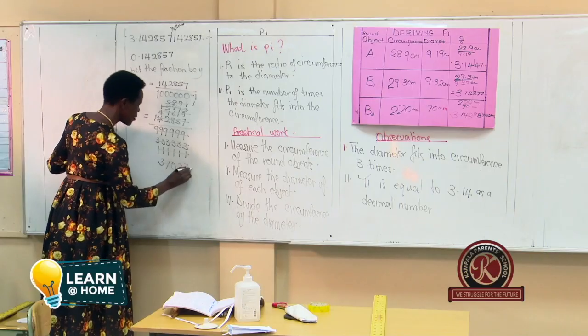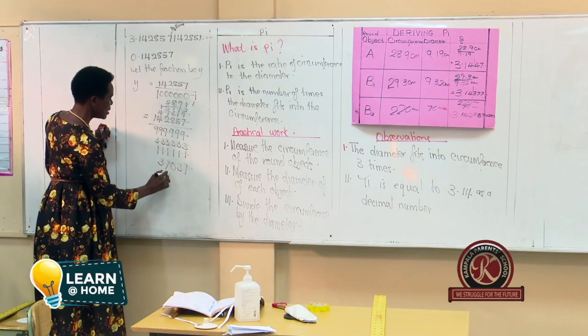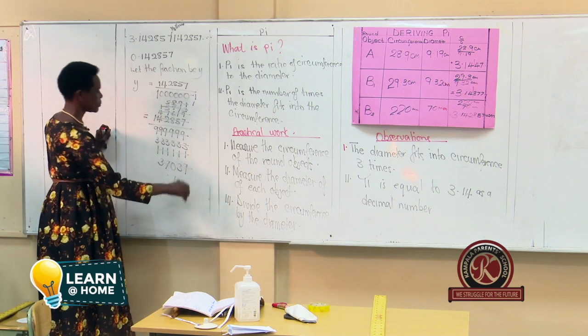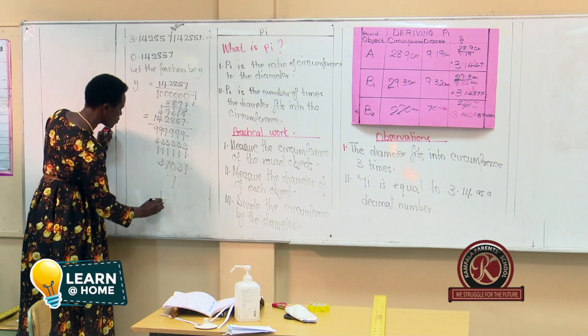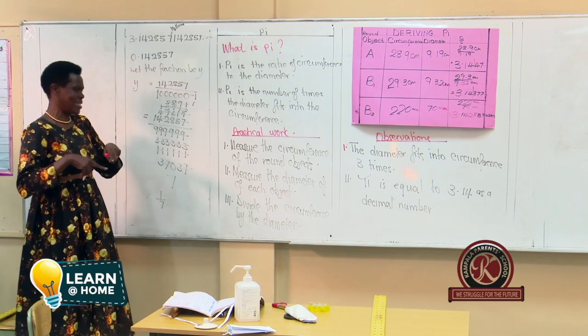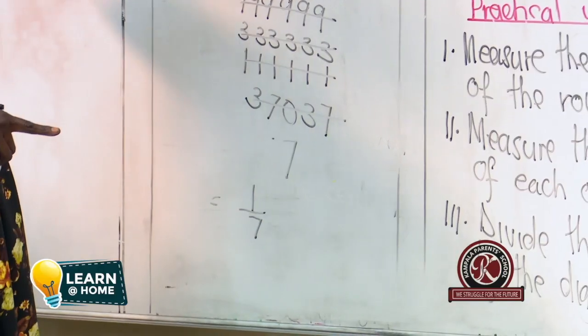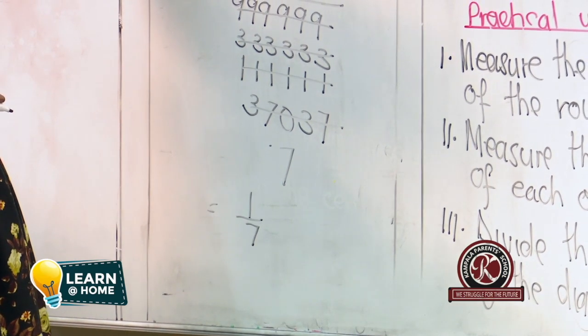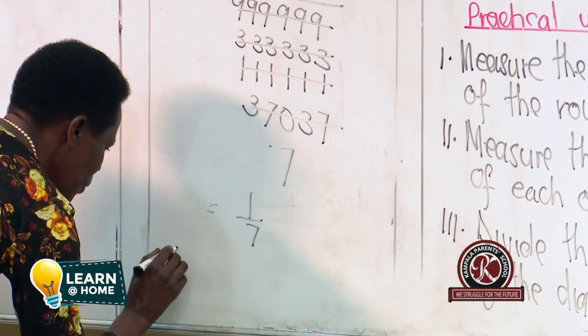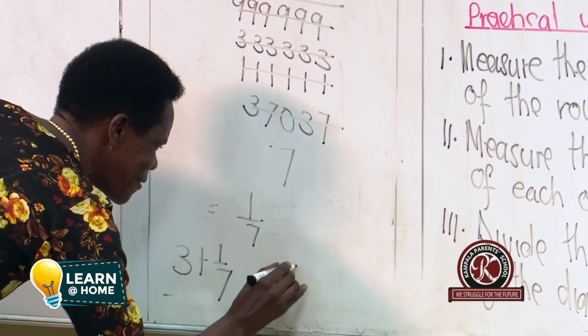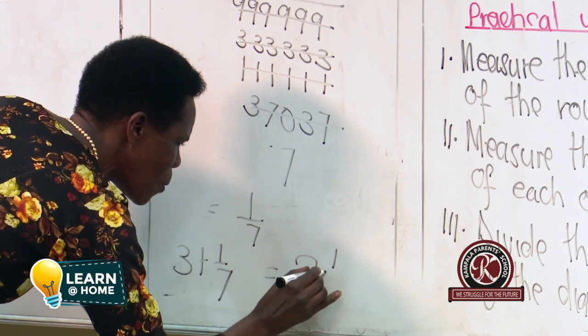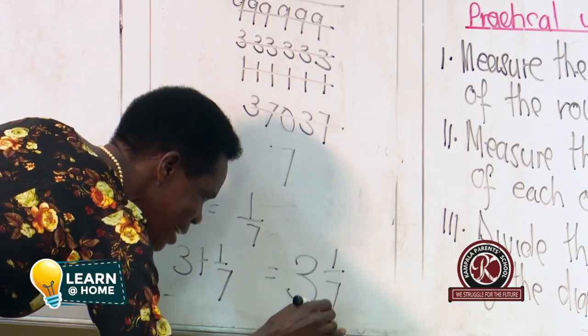And here we get 7. So this one is giving us 1 out of 7. We had left our 3 somewhere. So now we say 3 plus 1 out of 7 will give us 3 and 1 out of 7.